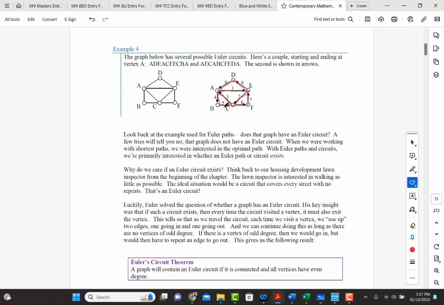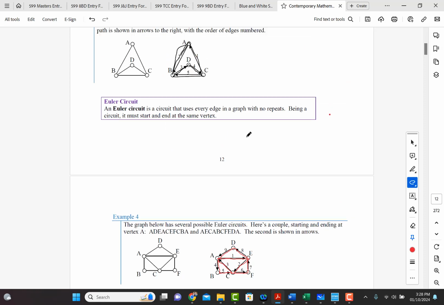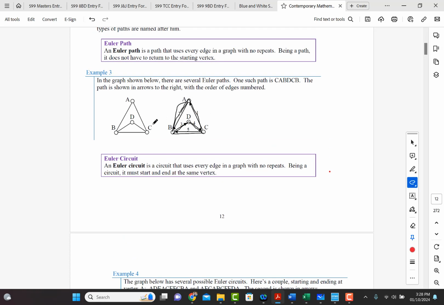Now it says to look back at the examples used for Euler paths. Does that graph have an Euler circuit? Is it possible to go all the way back without retracing any of these? We could look at it for a while, and it doesn't seem like there's a way to do it.